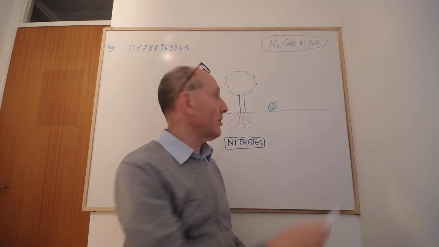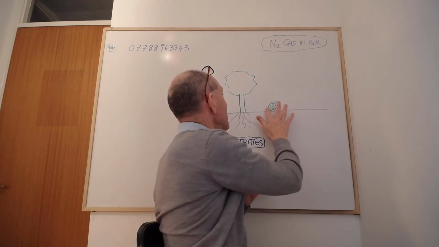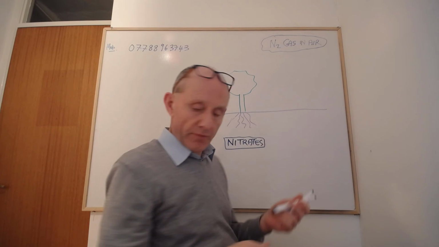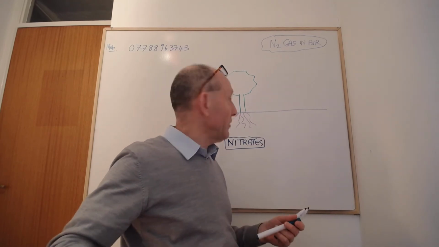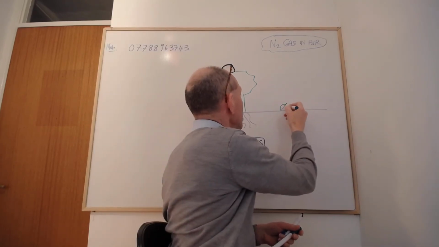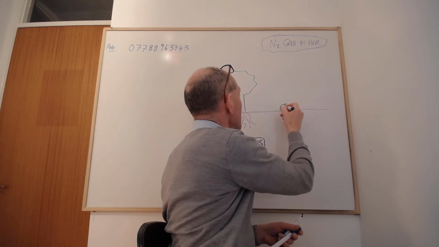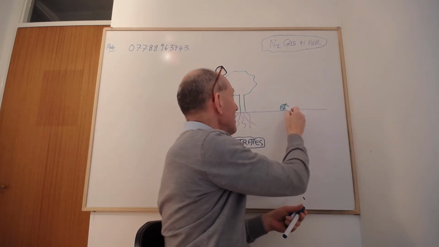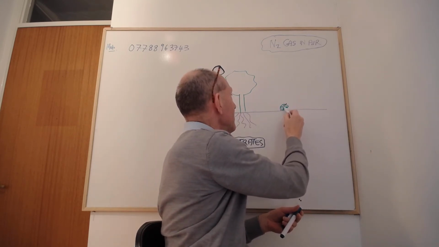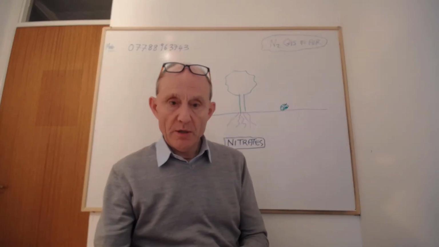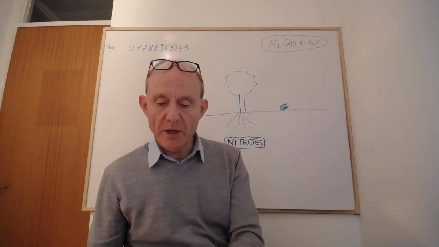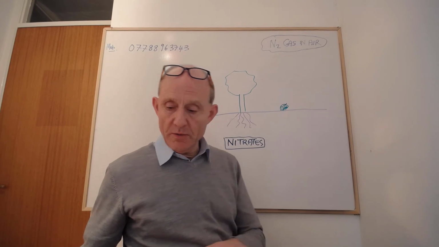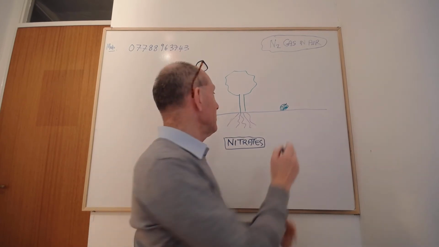We'll assume here it just gets decomposed. Maybe move the leaf a wee bit over here just to give us a bit more space. So there's the leaf over here. The leaf has fallen on the ground, and the leaf is going to be decomposed.